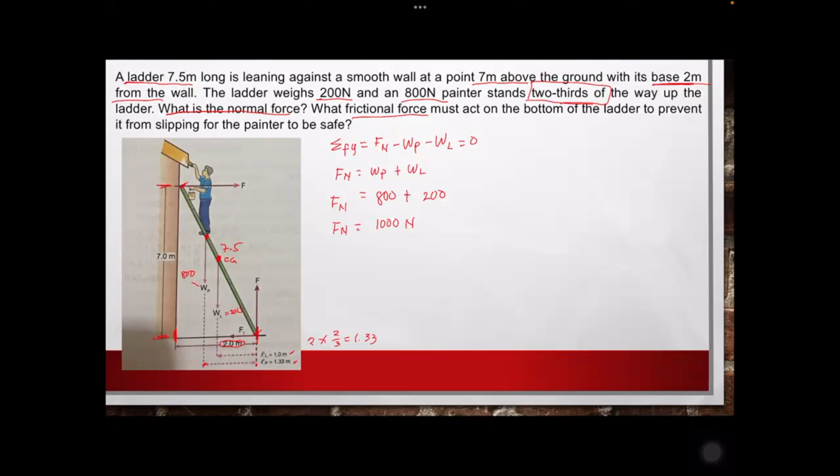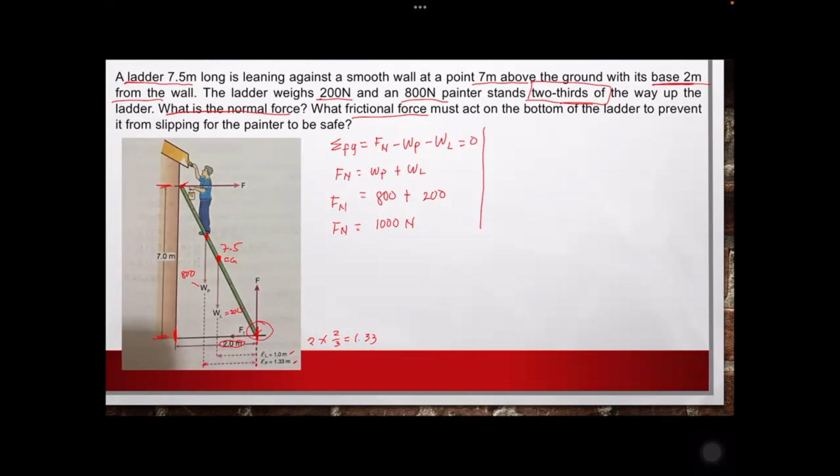Next is the frictional force. What frictional force must act at the bottom of the ladder? So the frictional force na meron tayo dito is, let's use the torque. Ang ating reference point ay nandito. So sa F, ito ay F sub F kasi frictional force.